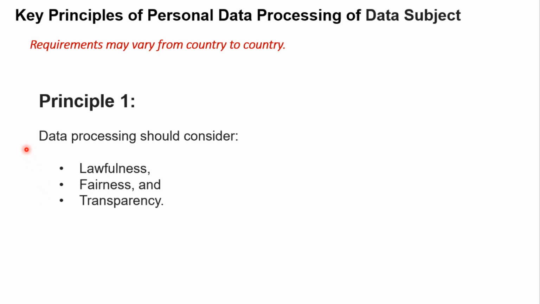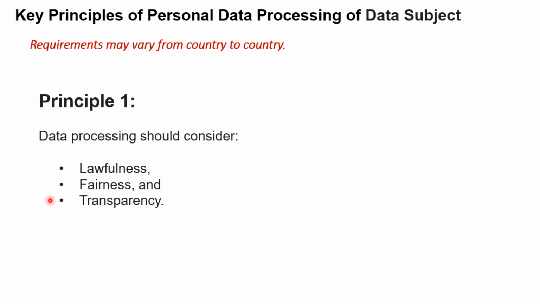Whenever any particular or critical personal data is to be processed, then that data processing should be for the lawful purpose, for the fairness of both the parties, like for the individual who provided the information, that is data subject, and the organization that collected the information, that is the data controller.